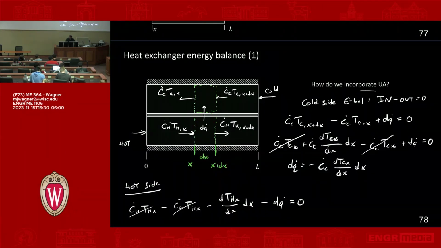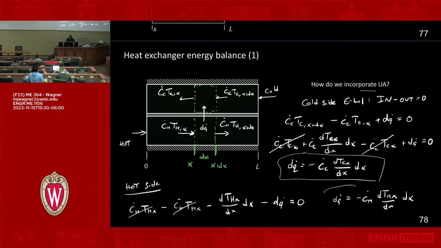Cancel, cancel, and then we have dq dot equals minus C dot H, dTH(x)/dx times dx. Okay, so we have this one here, and we have this one here. And they're related to each other, right? They're related by the fact that dq dot is the same in both cases. It's a single value of dq dot.